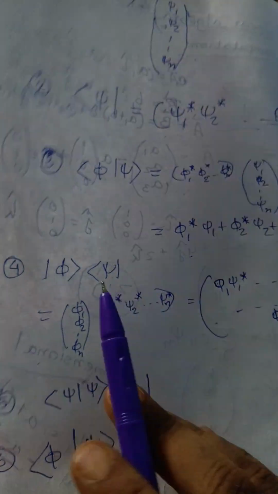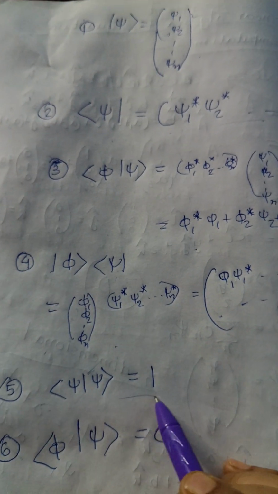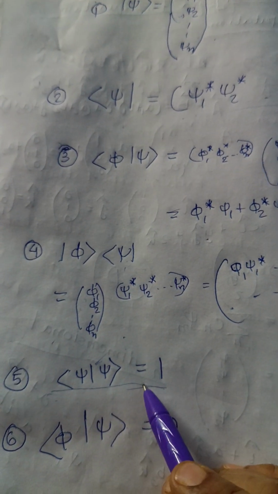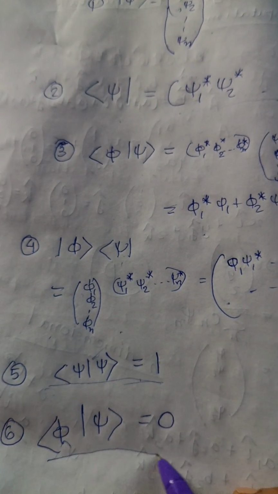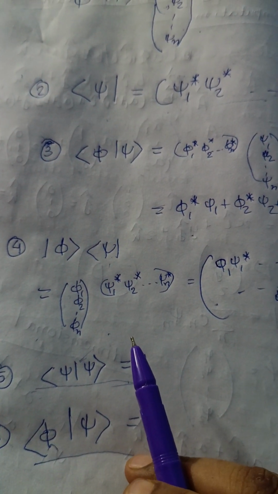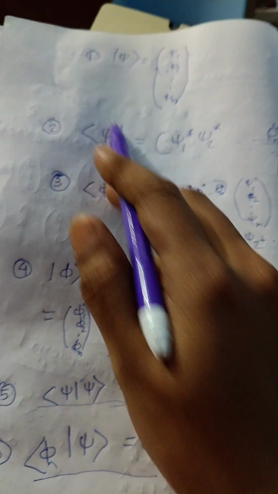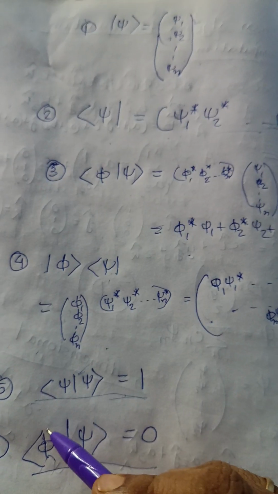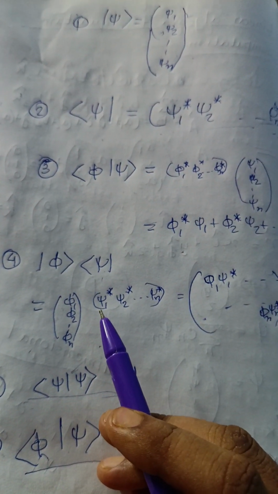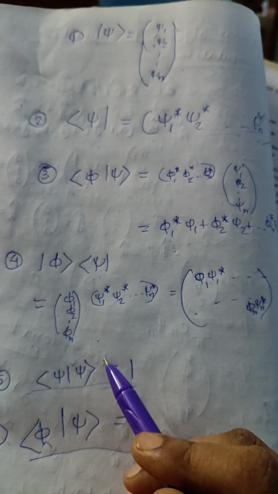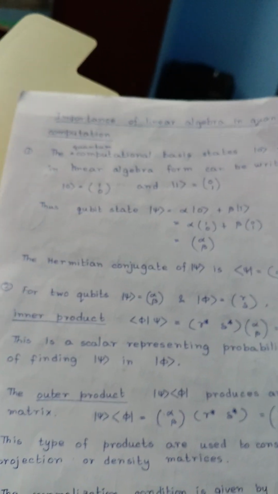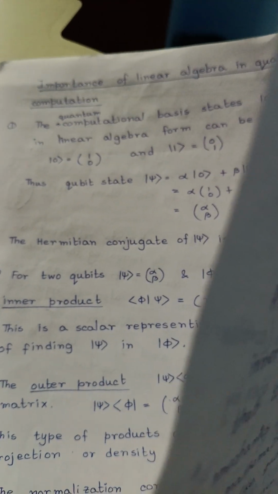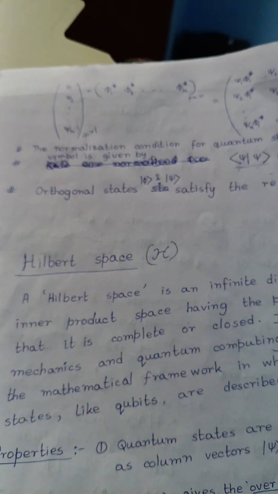The outer product represents an operator, that line you should write, and the normalization condition and orthogonality condition are represented by these equations. So these are the properties of Bra and Ket notation as well as the properties of linear algebra in quantum computation. In both cases similar things you have to write. In this way we discussed the two topics in our notes: linear algebra in quantum computation as well as properties of Bra and Ket notation.